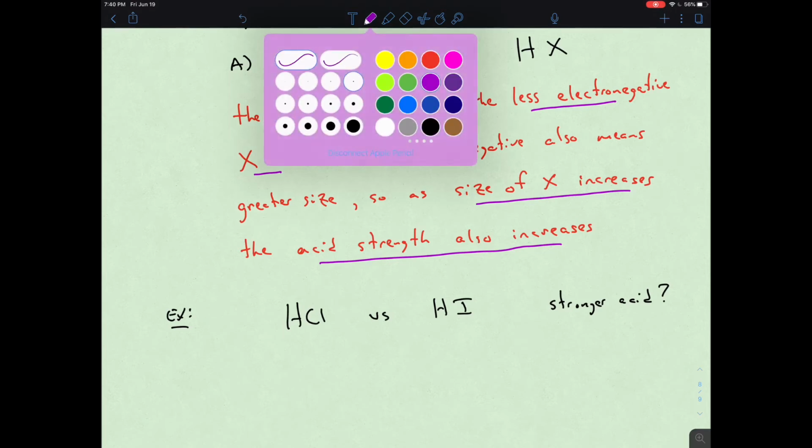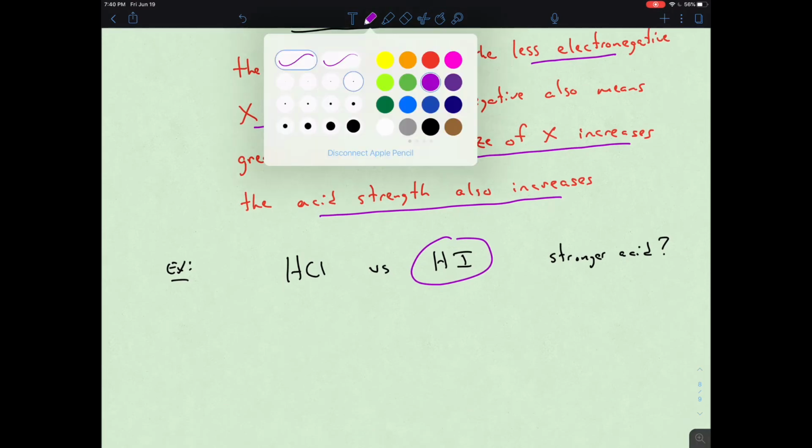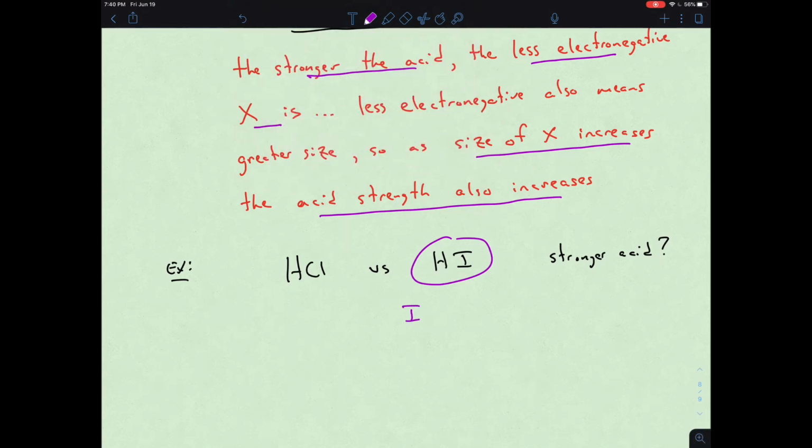And so we would say hydroiodic acid is stronger. We say that because iodine is less electronegative than Cl, and also I is bigger than Cl.